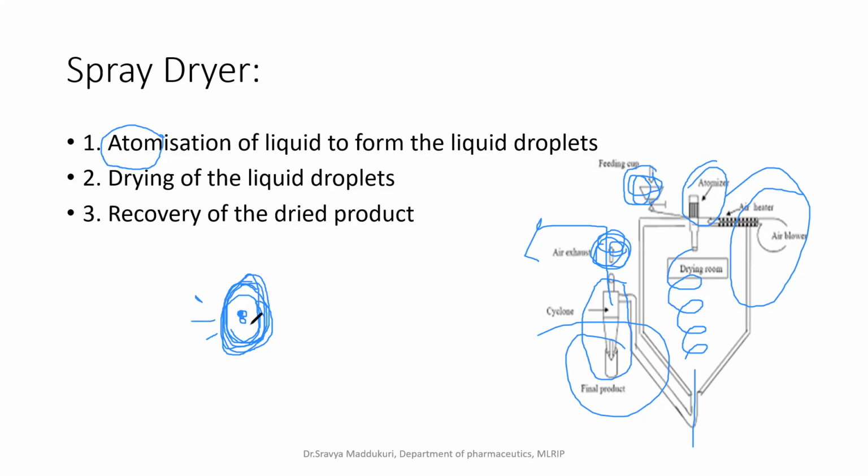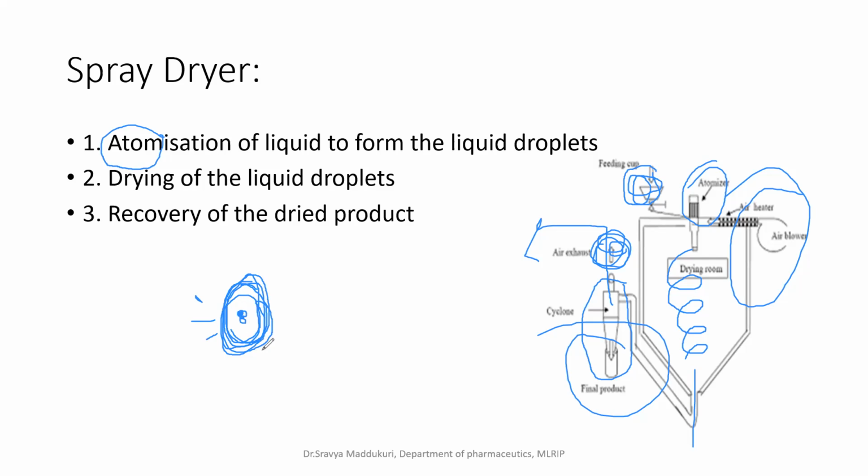So due to the osmotic pressure or the pressure differences, there is a burst of the droplet. When the droplet bursts, all the moisture evaporates, leaving behind your solid product. That is drying of liquid droplets. The last is the recovery of dried product. The recovery process takes a few seconds. You can use a cyclone separator to recover the dried product.